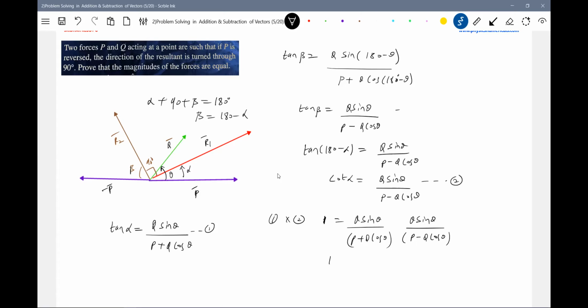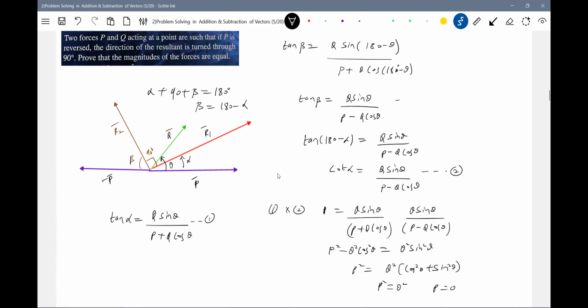So this will become P square minus Q square cos square theta equal to Q square sine square theta. P square equals Q square times cos square theta plus sine square theta, which is equal to, so finally we can write, P equal to Q. I think that's the proof he has asked for. Okay, fine.